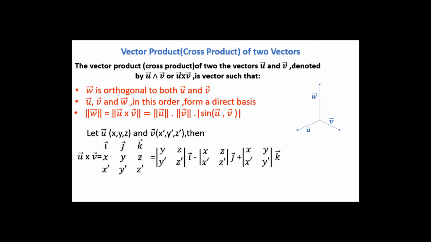So equal y multiplied by z prime minus z multiplied by y prime, vector i, then minus, then plus. So example, let vector u and vector v, calculate u cross v.